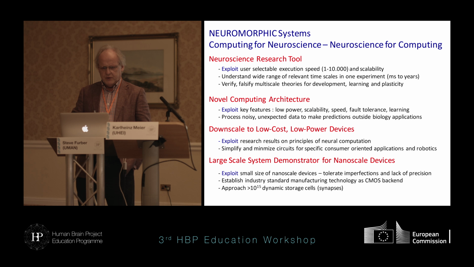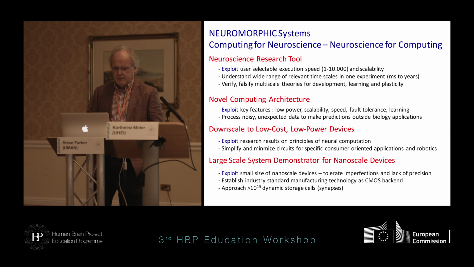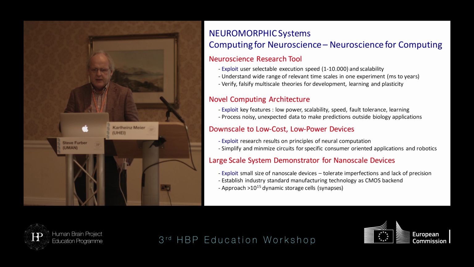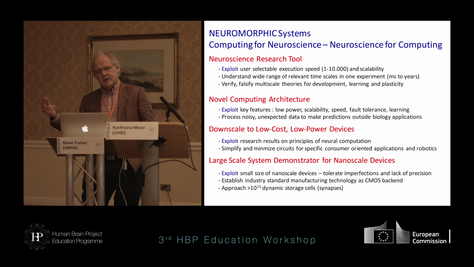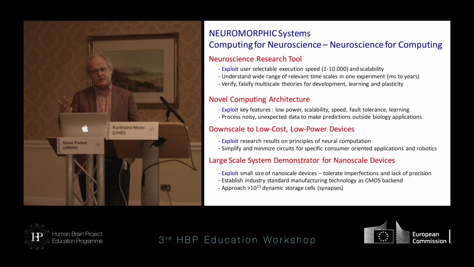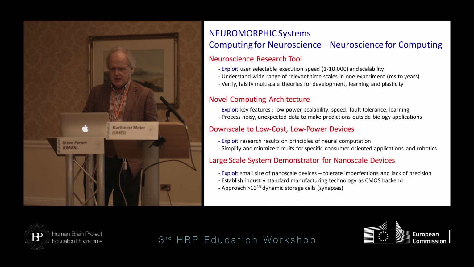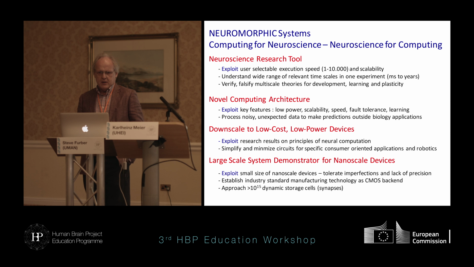And as a neuroscience research tool, we can select the execution speed. If you want to model development, then the Heidelberg system will speed you up by a factor 10 to the 4, which is very useful if you want to model 5 years of development. If you want to interface your network to a robot, then real-time is probably more like what you want, and Spinnaker may be more suited.